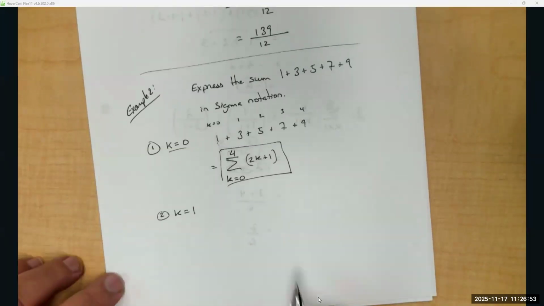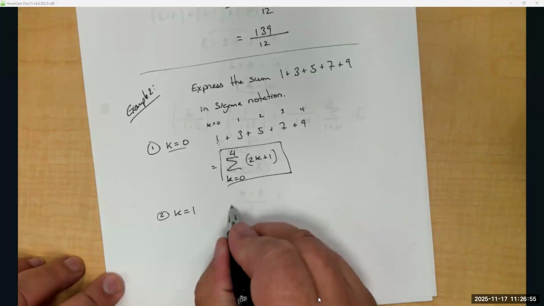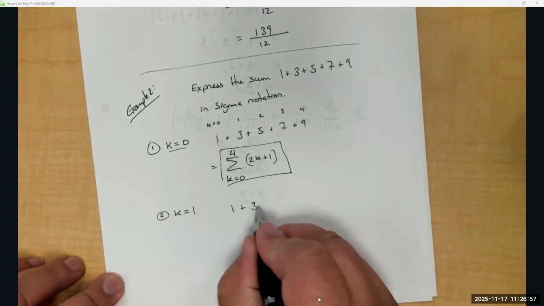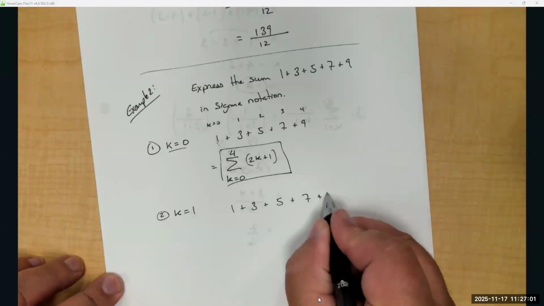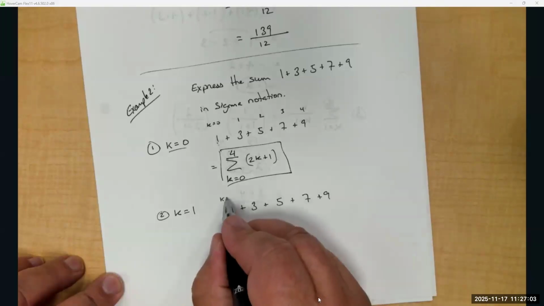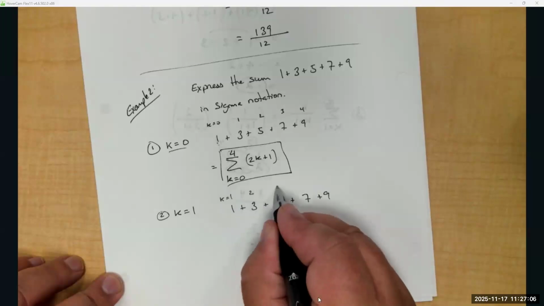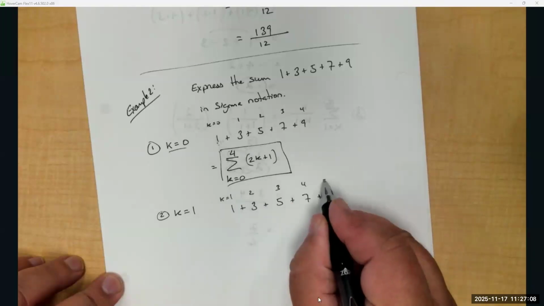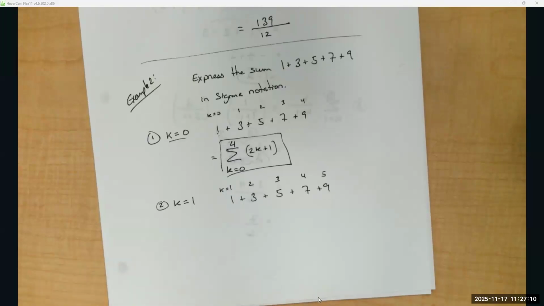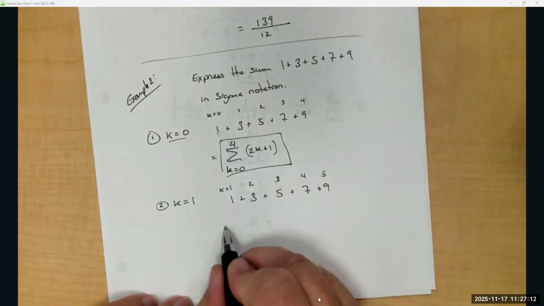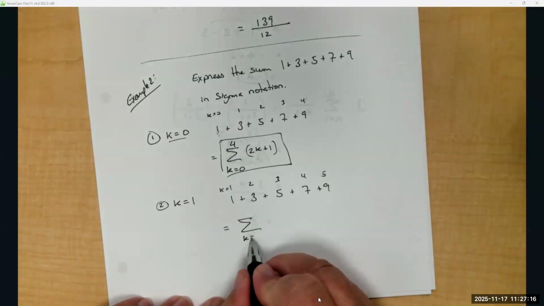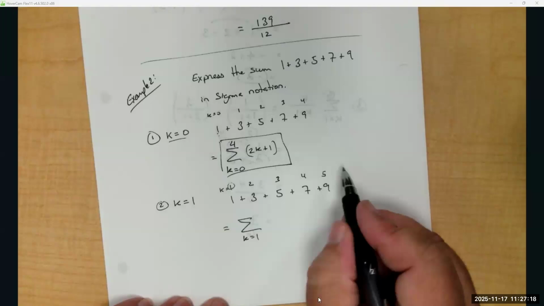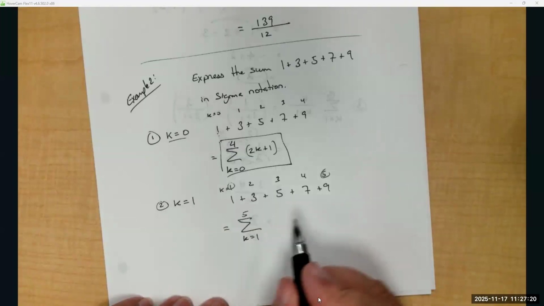When k starts at 1. Remember, we want to go 1, 3, 5, 7, 9. This is k equals 1, 2, 3, 4, 5. So k starts at 1 and goes all the way up to 5.